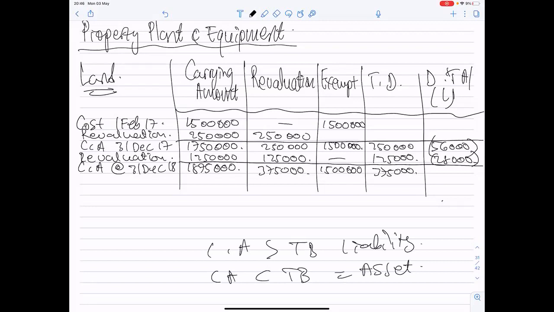If your carrying amount is less than your tax base, it is an asset. So plus 56,000, 84,000, and it is a liability, which is 375,000 by 0.8 by 0.28, which is 84,000. So what we have done now is we have seen that there is a revaluation of manufacturing property, of the land.